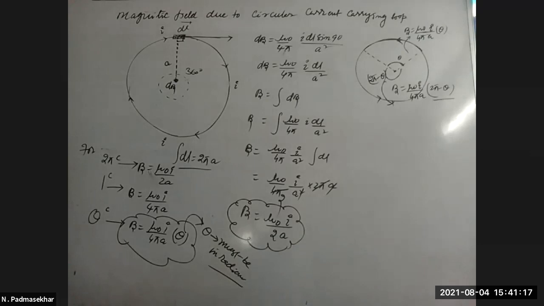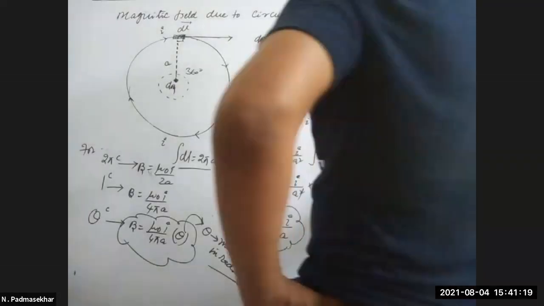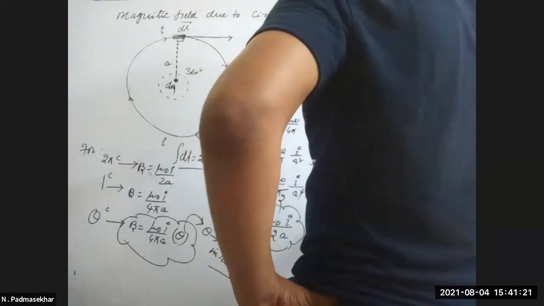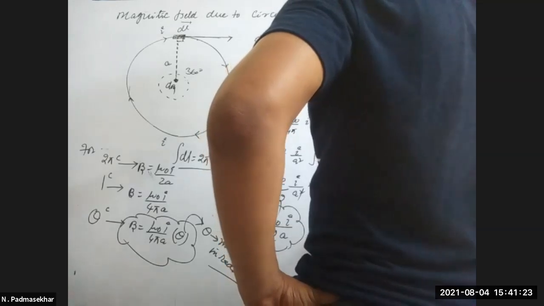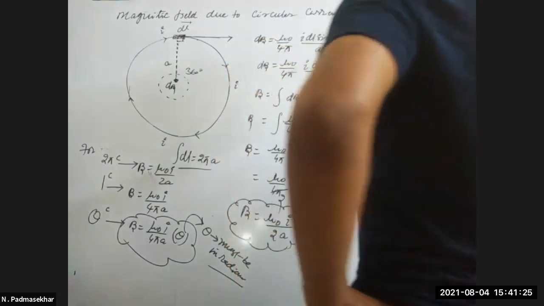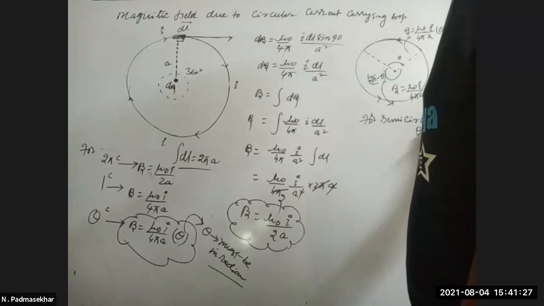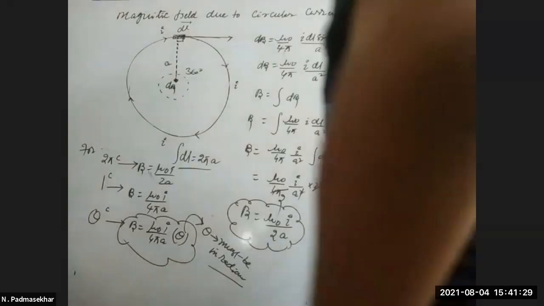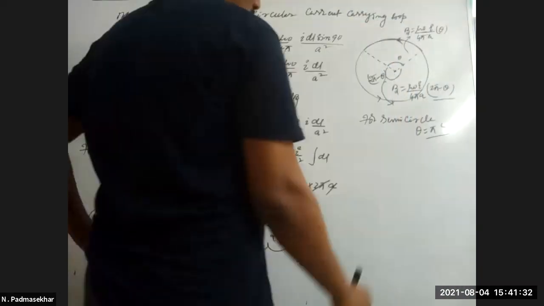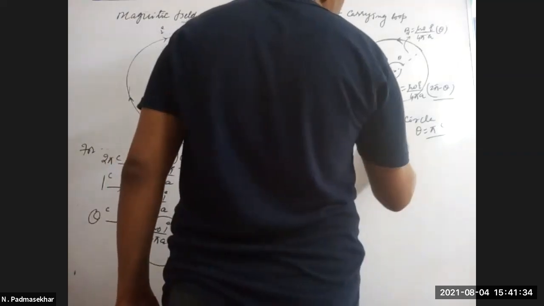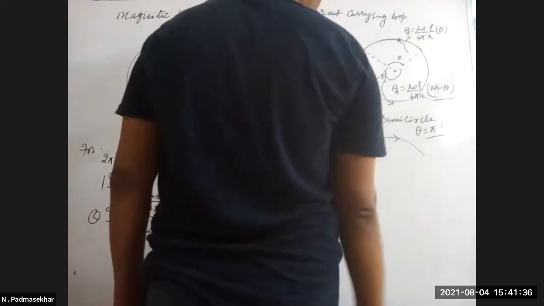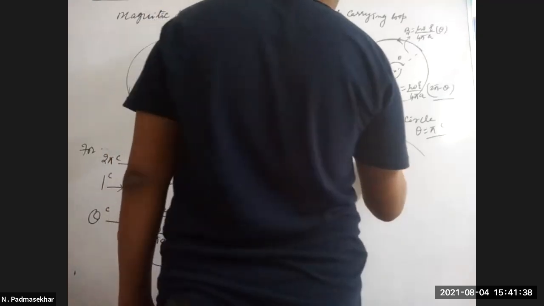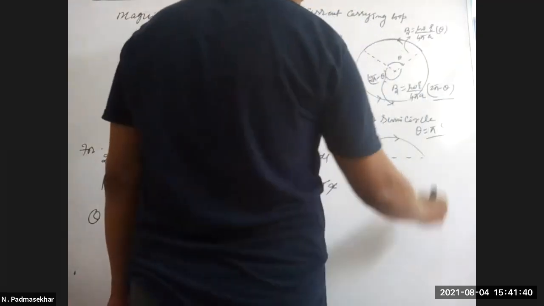Take a semicircle. For a semicircle, theta is equal to pi radian, that is 180 degrees.